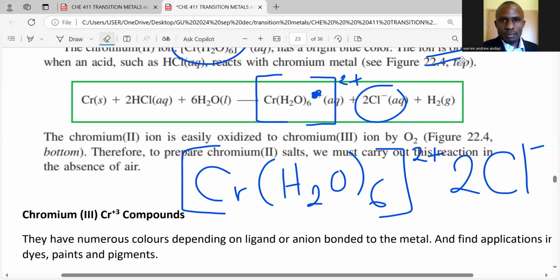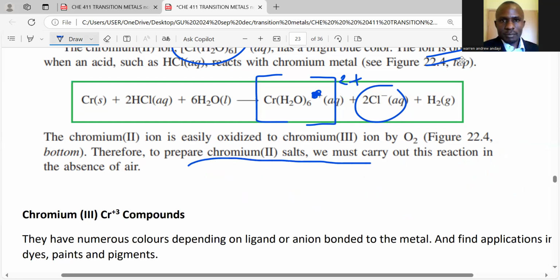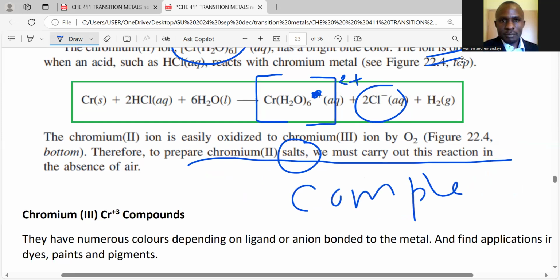It implies that when we are preparing chromium 2 salts, we need to prepare them in an inert atmosphere. So when you're preparing either chromium 2 salts or chromium 2 complexes, you need to prepare them in the absence of air, or in the presence of nitrogen, so that nitrogen kicks out oxygen.